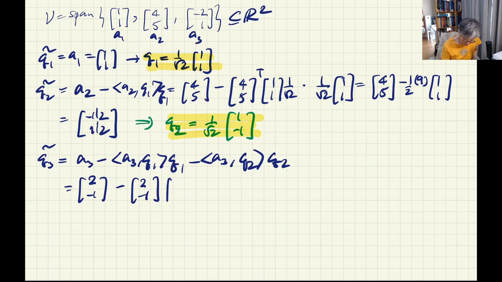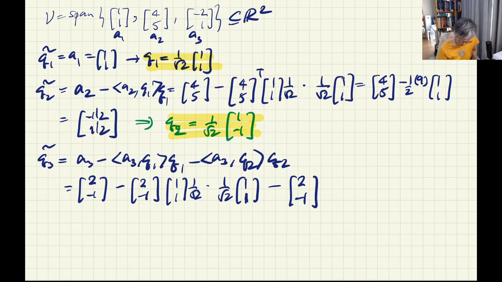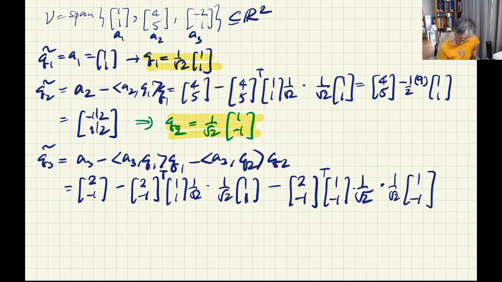So it's going to be (1, 1) over square root of 2 times Q1, minus the inner product, I forgot the transpose because this is an inner product, of A3 with Q2. What do I get? I get (1, -1) times 1 over square root 2 times Q2, which is 1 over square root 2 times (1, -1).